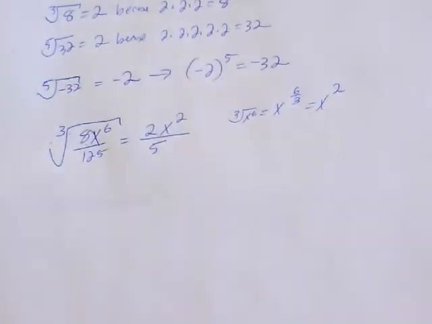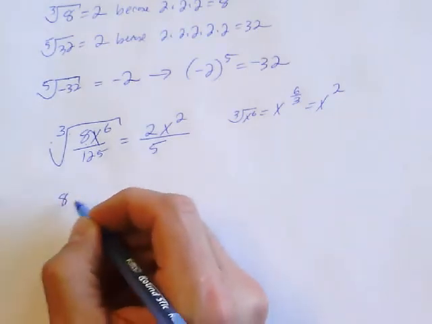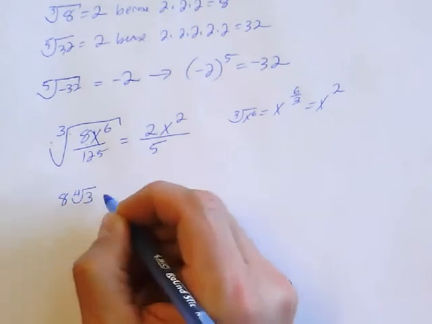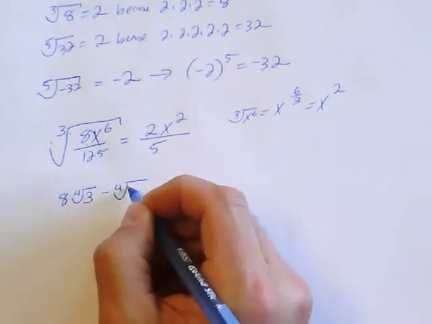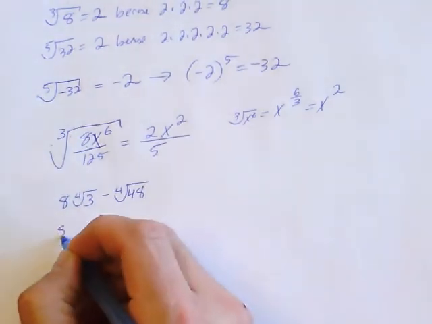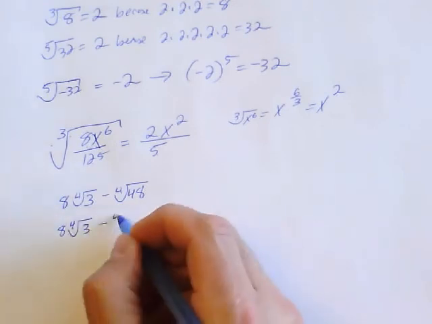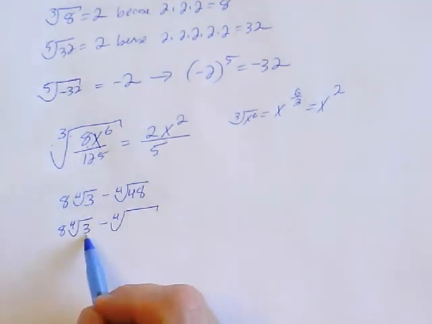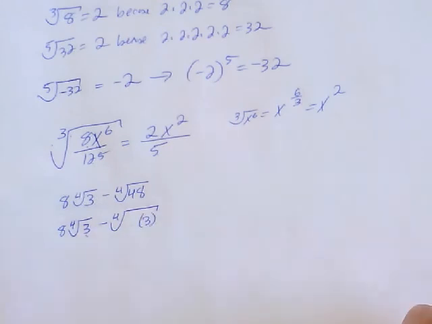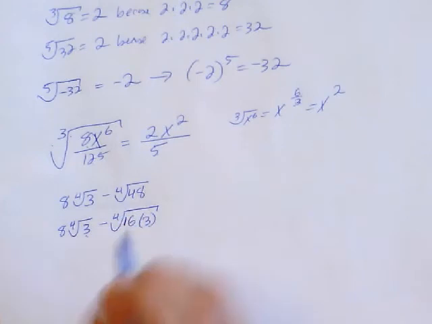Similarly, if we were to do something like, say, 8 times the fourth root of 3 minus the fourth root of 48. Same rules as we were working with before. Since you have a 3 over here, you're going to need a 3 over here. 3 times something is 48.